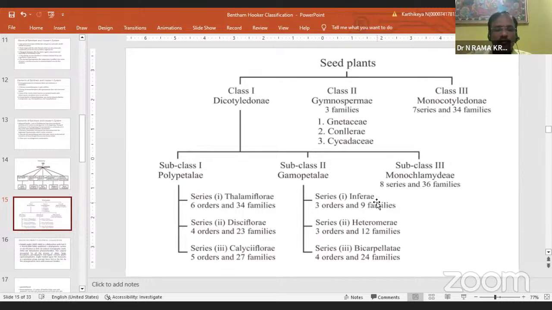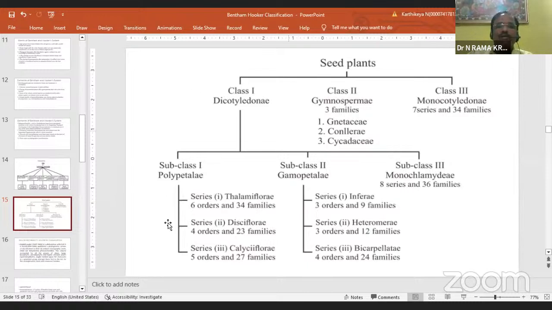So example, Achyranthes aspera, and next Leucas aspera. That is Monochlamydeae. Here only fused calyx and corolla, we call that tepals and perianth.